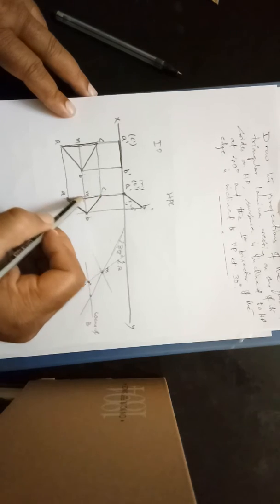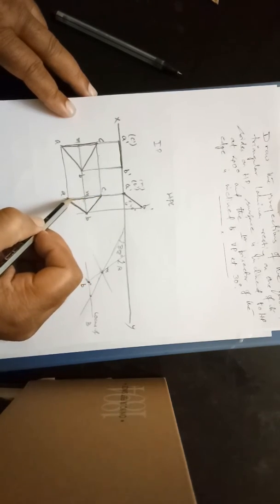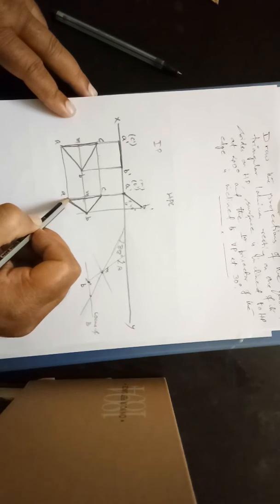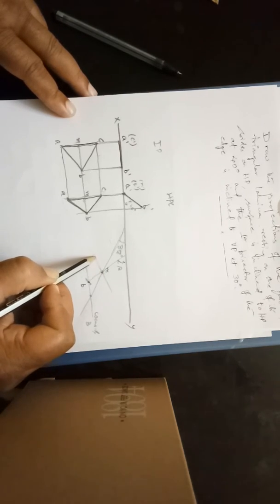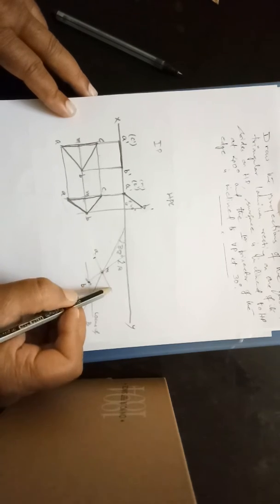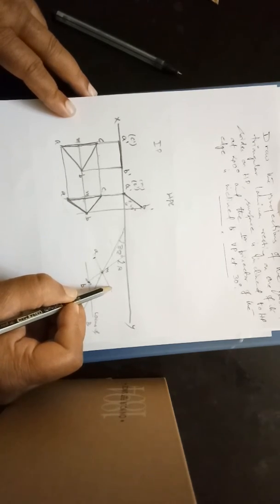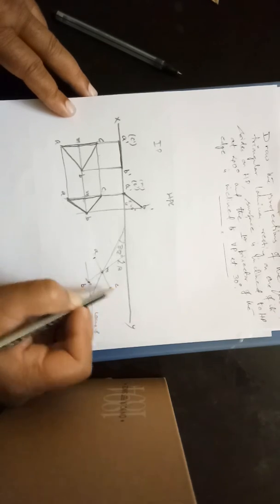They are the same because M is the midpoint of A and C. So measure MA, and from this M, you cut the perpendicular line which you have drawn to MB. This will become your point A, and on the other side you cut with the same radius, this will become your point C.